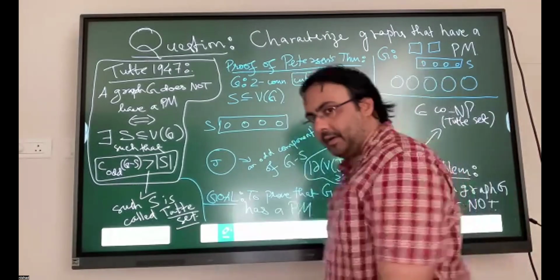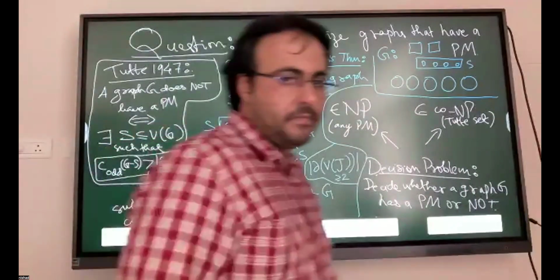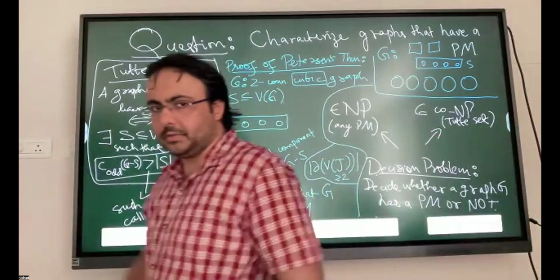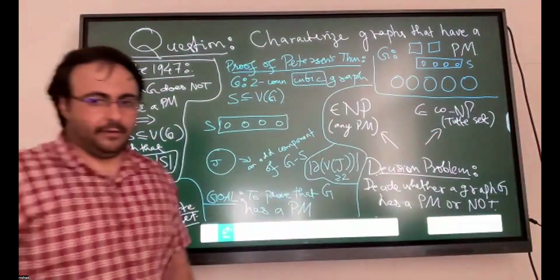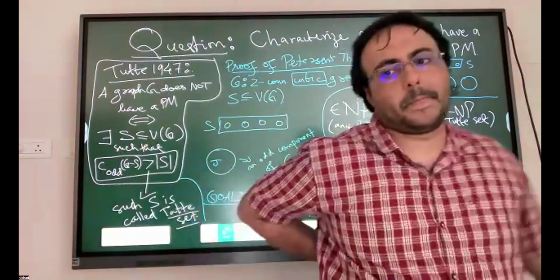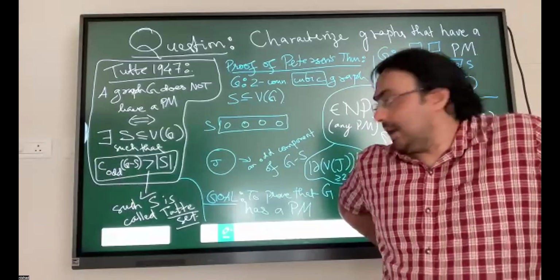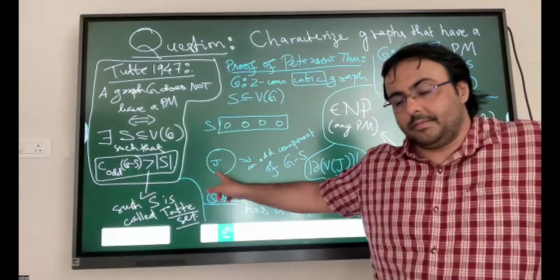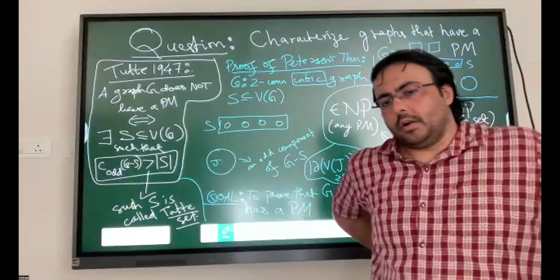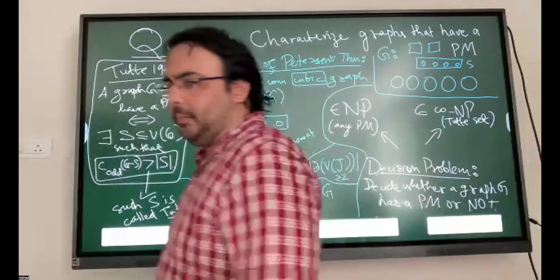Cubic means every vertex has degree 3. Can you use this fact to make a stronger lower bound? At least 2 is correct because it's a 2-connected graph. Now I want to use the fact that this is a 3-regular graph and I want to strengthen this further. And remember that J has an odd number of vertices. You have an odd number of vertices. Every vertex in the graph has degree 3. Can you make this bound stronger?